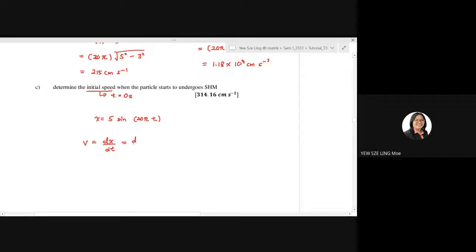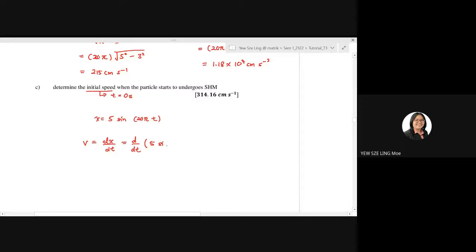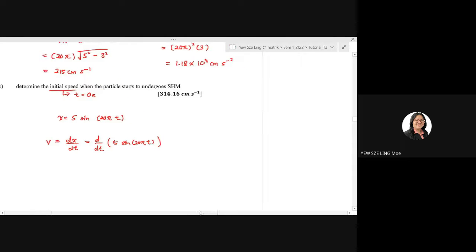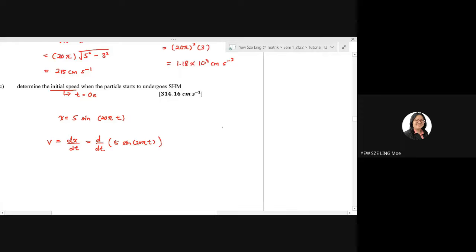So d over dt, now we want to differentiate the equation 5 sine 20 pi t. Sometimes students cannot do differentiation with values. They are confused: now I have values, what am I going to do? In that case, you can use the general equation.